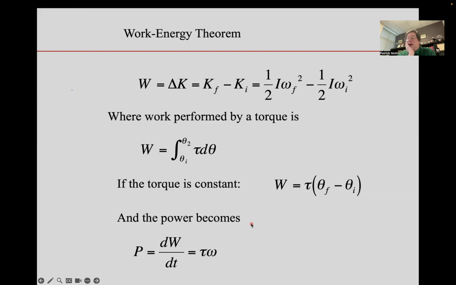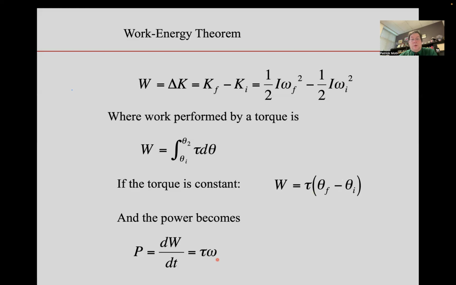And then we can also talk about the instantaneous rate that work is being done, which is power. And for the power associated with a torque, you just look back to this equation. If I'm going to take a time derivative of both sides, so the power is the rate that work is done, if the torque is constant, I can pull that torque out, and then we'll just have delta theta over delta t, which is going to give us angular velocity omega.